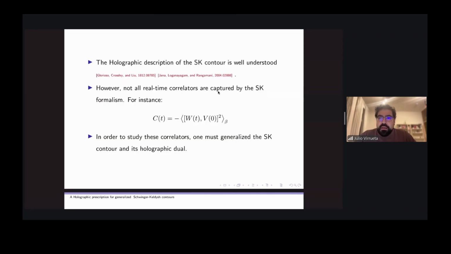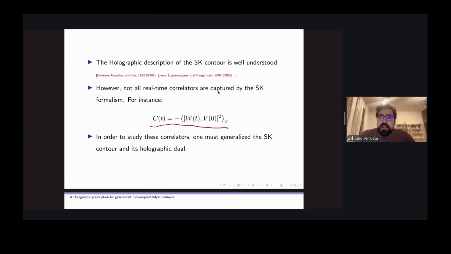But there is an elephant in the room, which is that Schwinger-Keldysh contours, despite the fact that they are very useful tools to study real-time physics, do not capture all the possible correlators we may want to study in physics out of equilibrium. Famously, there is the out-of-time-order four-point function, which is closely related to the physics of quantum chaos, which is outside the remit of what a traditional Schwinger-Keldysh contour can capture.